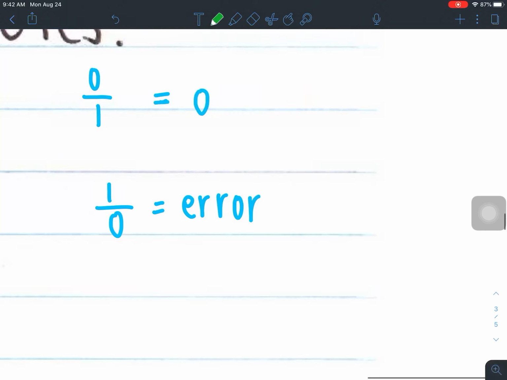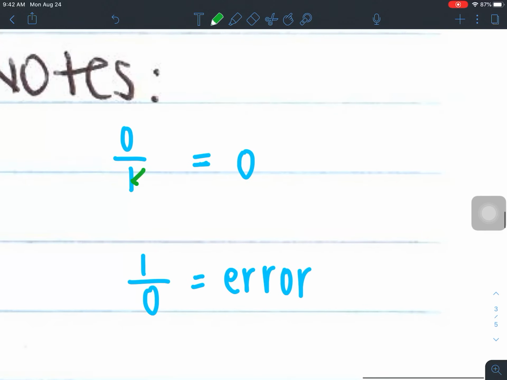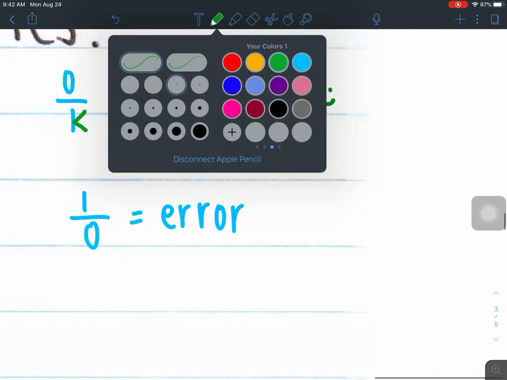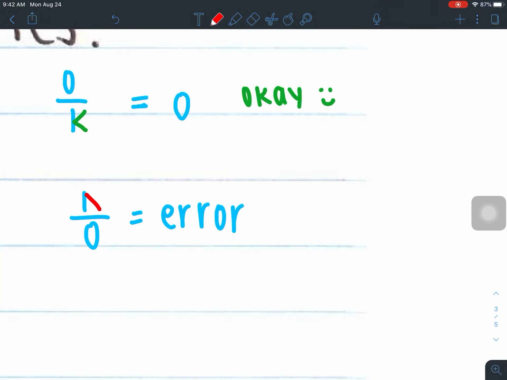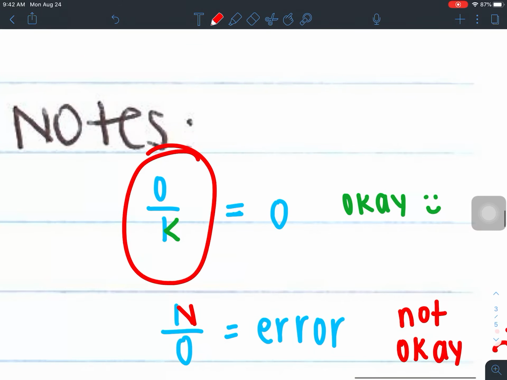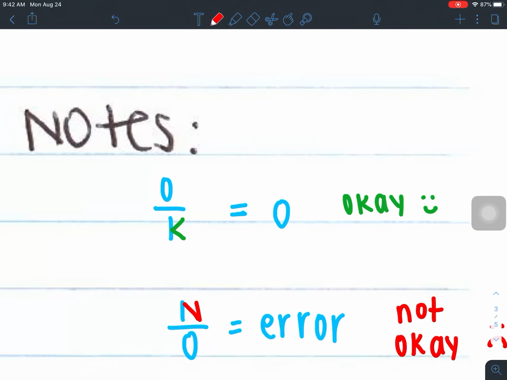So what this means is if I have 0 divided by 1, that is okay. It's allowed. You get an actual number in the calculator, and you don't have a weird error. However, if you have 1 divided by 0, it's not okay, and you get an error. So no for not okay, and then okay if you have 0 on top.